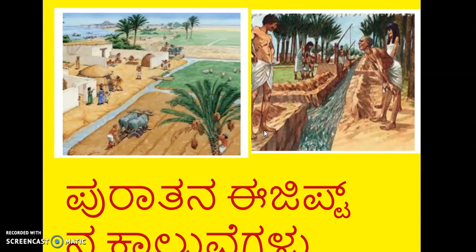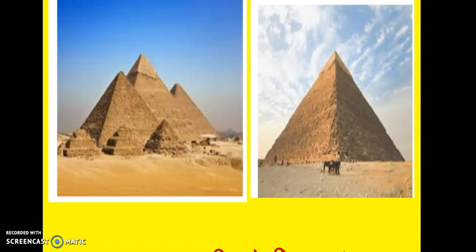Children, these are the pyramids, constructed by the ancient Egyptians using the knowledge of geometry. You know that a pyramid is a solid figure, isn't it? The base of the pyramid is either a triangle or square or some other polygon, and its side faces are triangles converging to a point at the top.